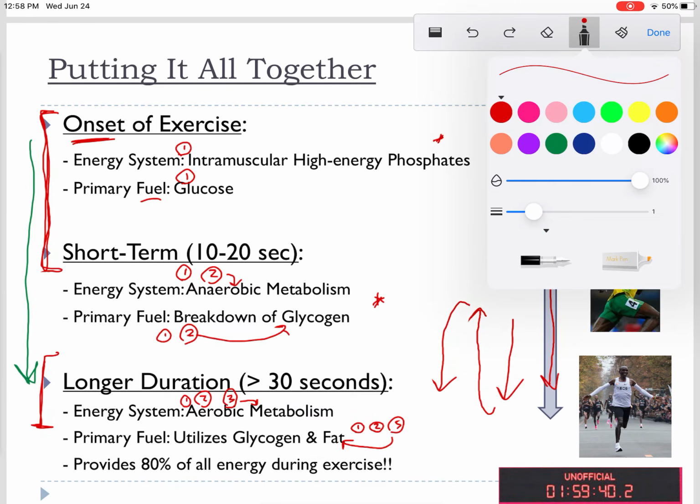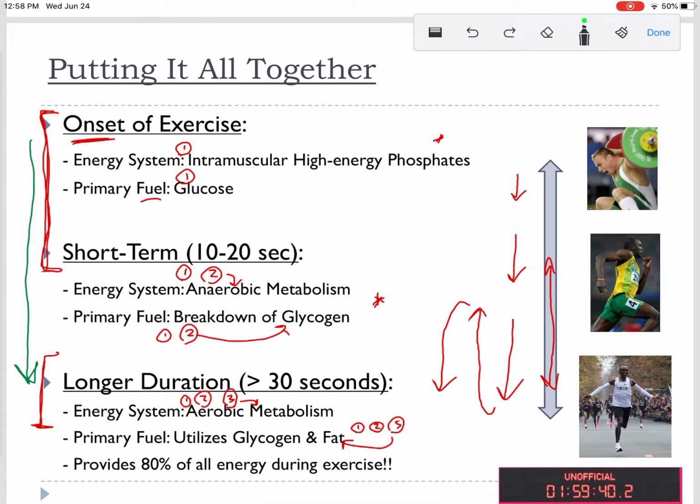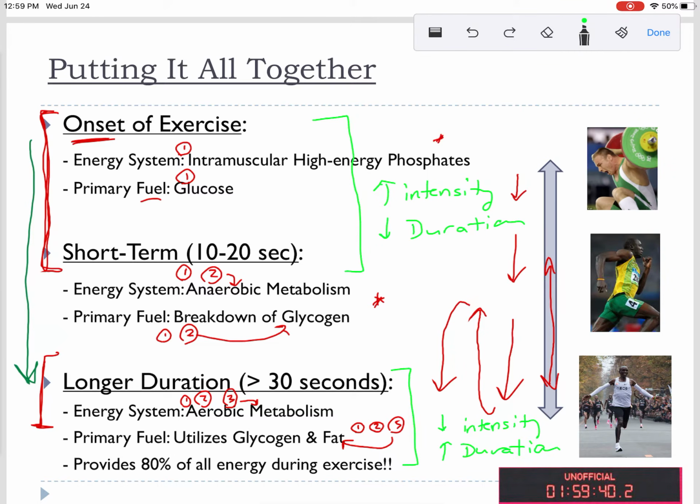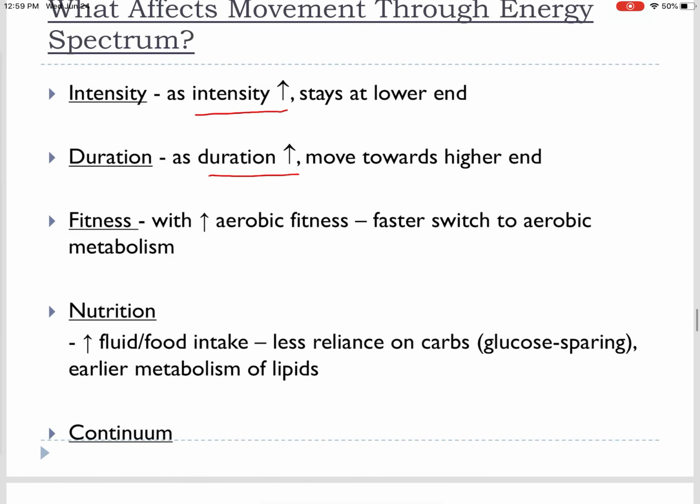So what we're saying is, and I know I have so much written on this screen, boy, it's going to make us look so smart, isn't it? When you're here, it tends to be high intensity exercise that doesn't last very long. Versus when you're here, it tends to be at a lower intensity. You're not going quite as hard, but it's lasting longer. That about sums it up, really.